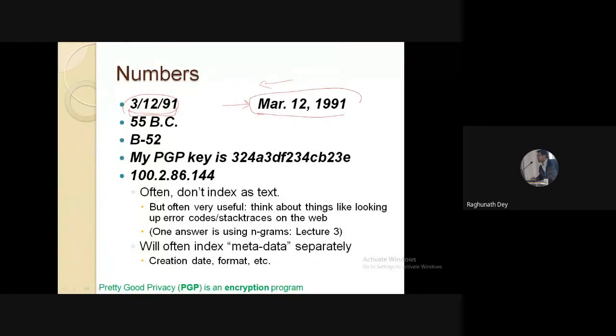Suppose the user gives this input, and your system should understand that the meaning is 3/12/91. Numbers including characters with special symbols, dot. What is the meaning of this? 55 B.C., before Christ. Your system should be able to understand the exact meaning the user needs to get from your indexing system.